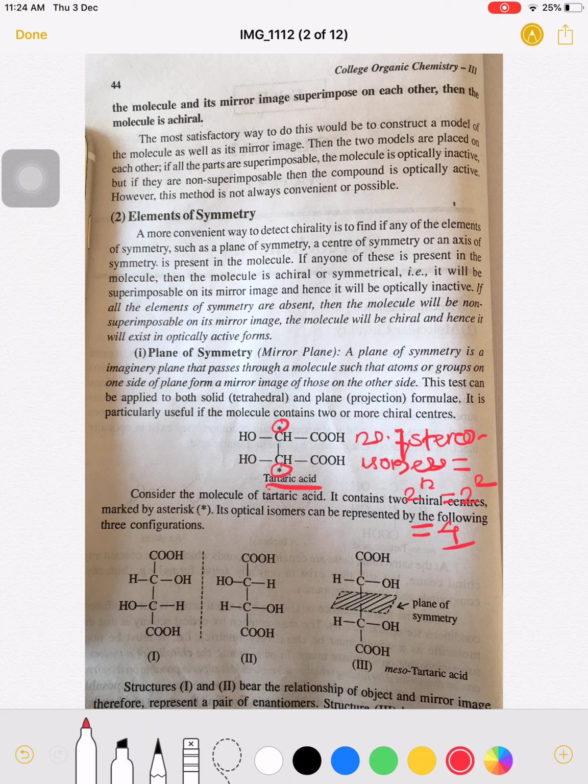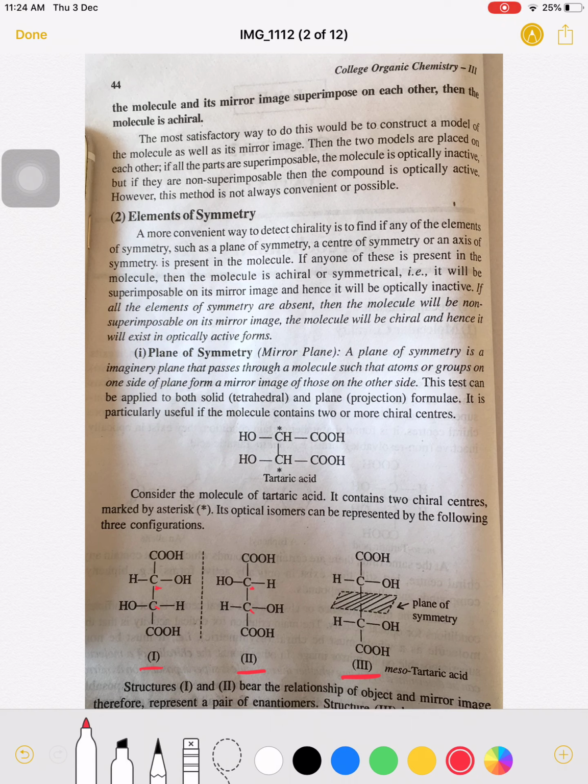Now see here Roman 1 and Roman 2. These are the two stereoisomers just shown here, and the third one is here. I will explain why the fourth isomer for this tartaric acid is not there. Now see here Roman 1 and Roman 2. This molecule has asymmetric carbon atoms.